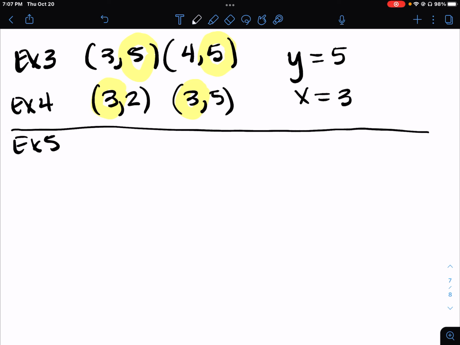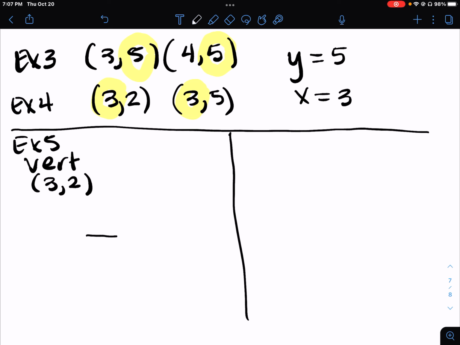Example 5, a vertical line that goes through 3, 2. Okay, the best thing to do is to plot the point 3, 2, which means right 3 up 2. Okay, now a vertical line goes this way, up and down. So that's the point 3, 2.